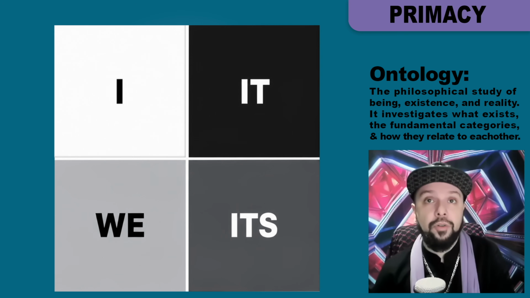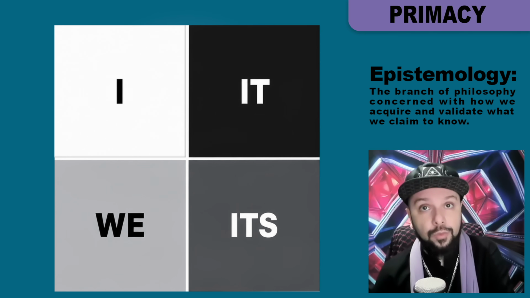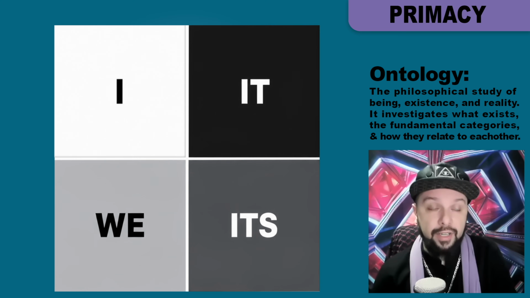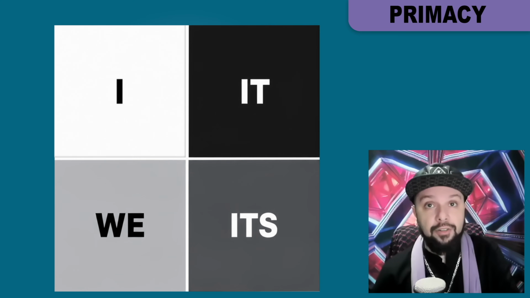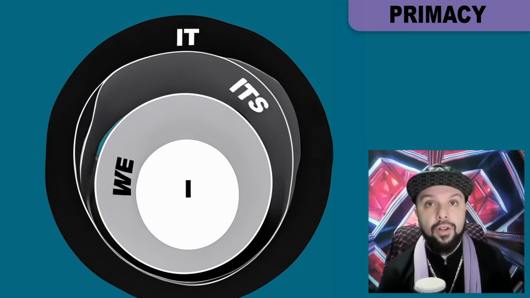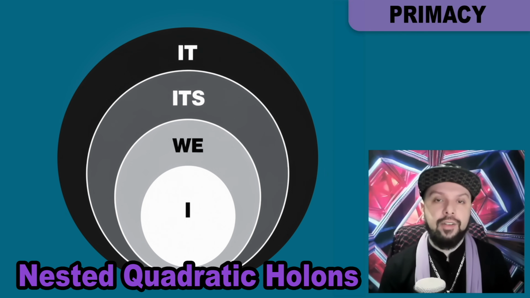So when it comes to ontology, ontology means what is it? Epistemology is how do you know? So in terms of what is it, in terms of what is reality, which is what quadrants is referencing, the aspects of reality, we understand that exterior reality is primary and the interiors emerge inside of exterior reality. So this is what I call nested quadratic holons. So let me say what nested quadratic holons are real quick.